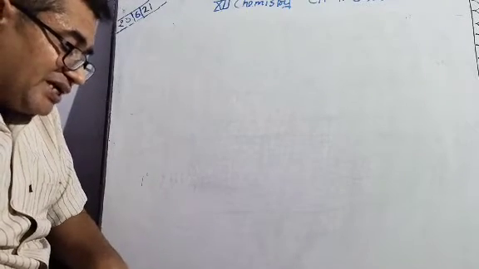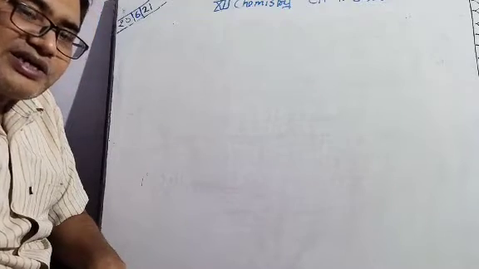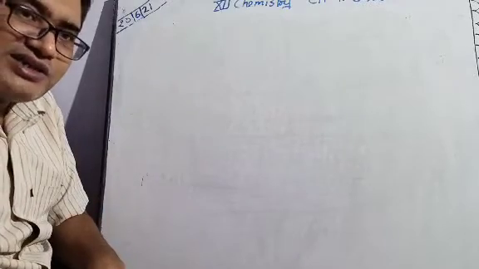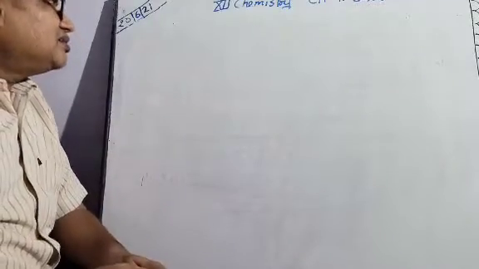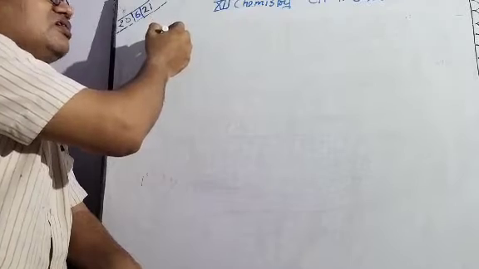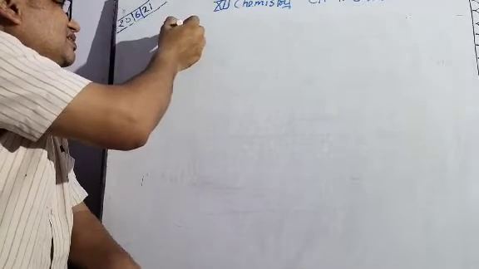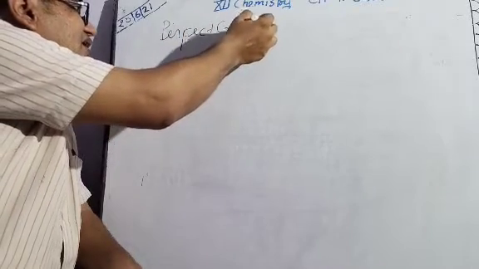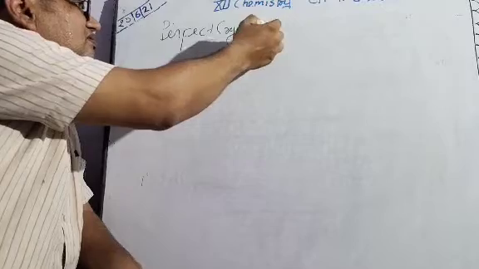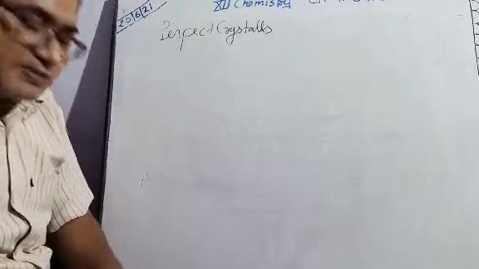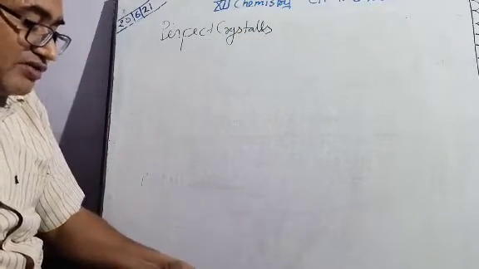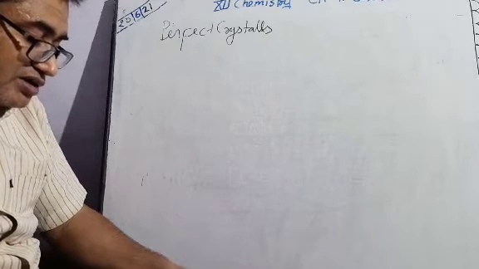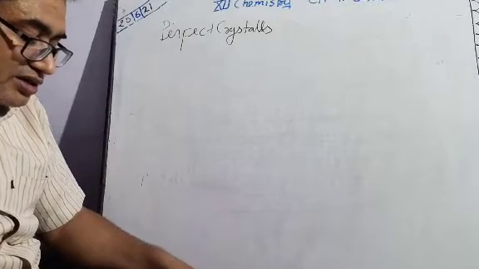So simply we can say that in any crystalline substance, if all atoms are arranged in a regular manner, then this kind of substance is called a perfect crystal. Perfect crystals are very important. So first of all, we have to understand what a perfect crystal or ideal crystal is.